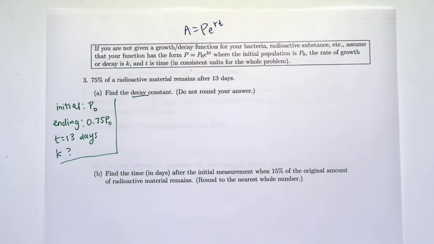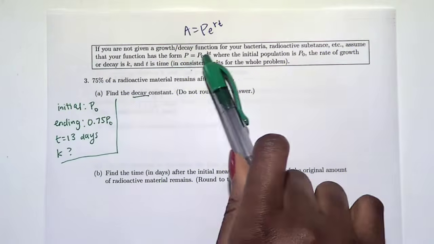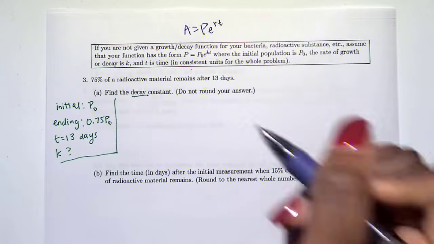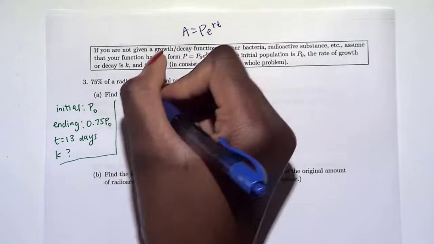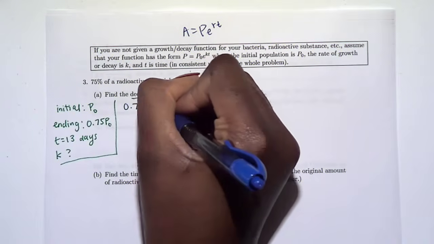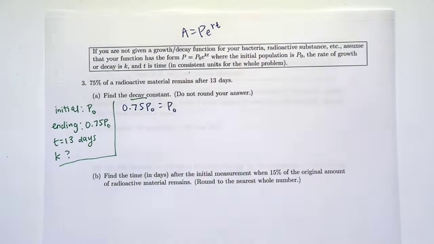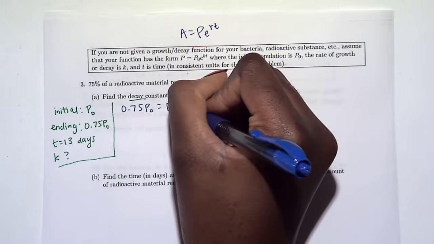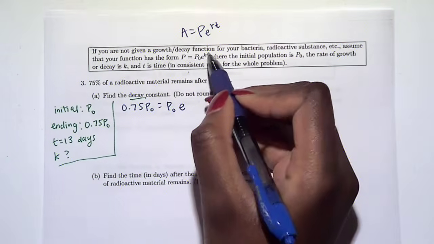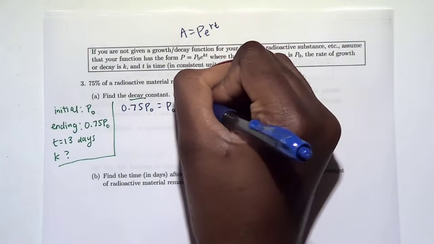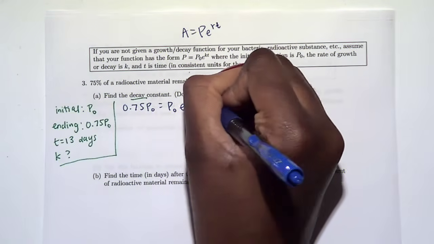All right, so let's set up an equation. We want it to look like this. Same as always, our ending amount, which is 0.75 times the initial, equals the initial amount times e to the decay constant times our time.